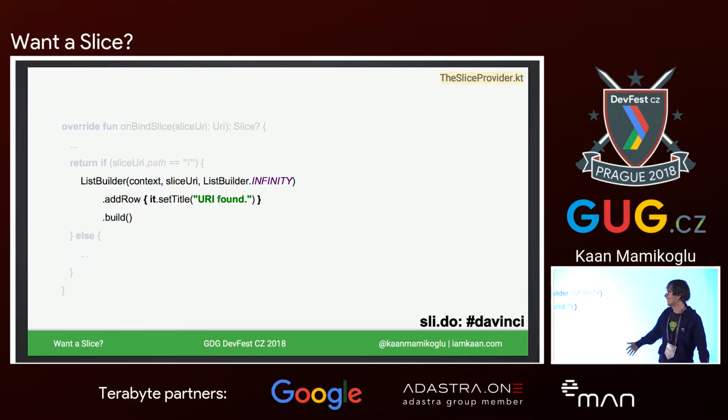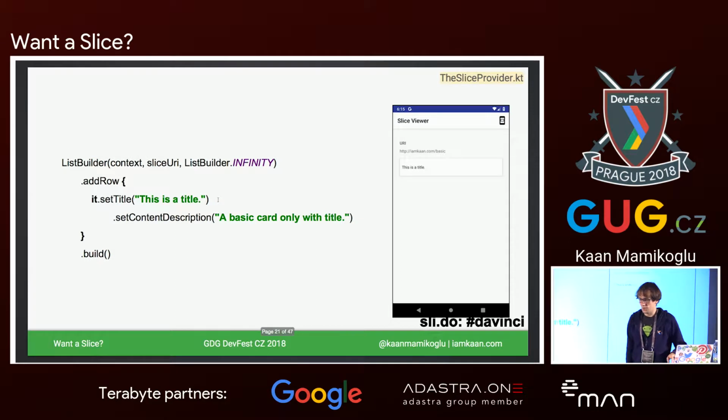I'm using Kotlin here, so it is a slice, actually. A slice, yeah, a slice. So when you say add row, you get a slice here, and then you modify that. So in this case, I just set a title for the slice. And that's the only thing that we display. So let's start modifying now. First thing is, again, we have this set title here.